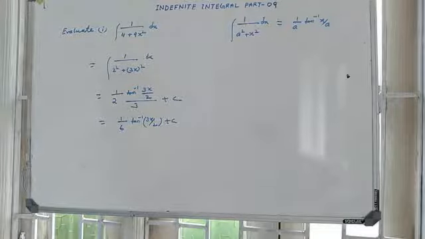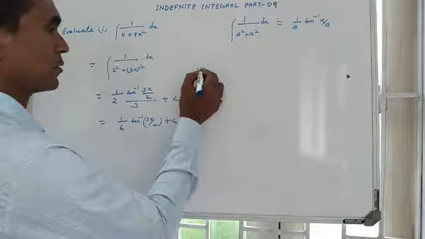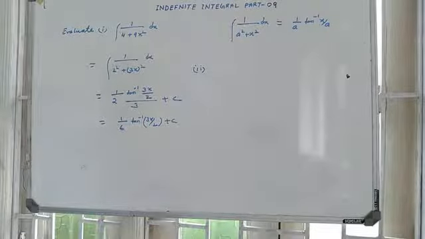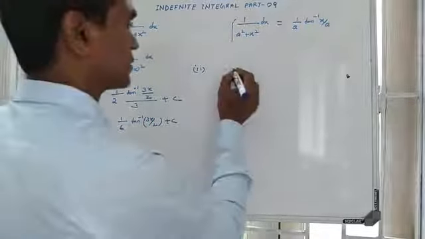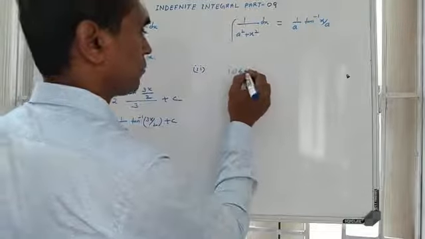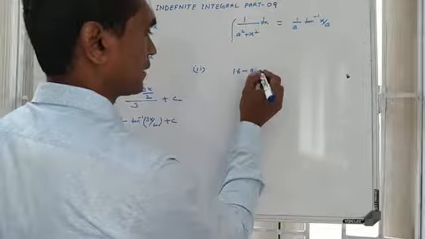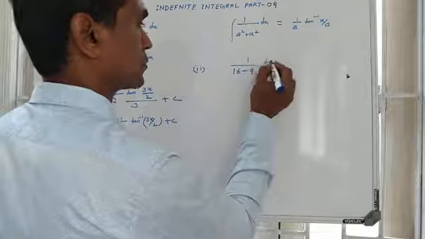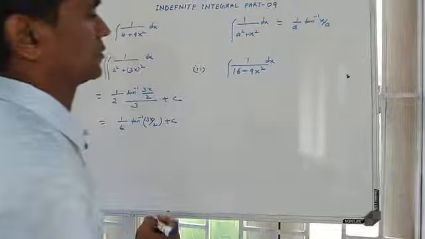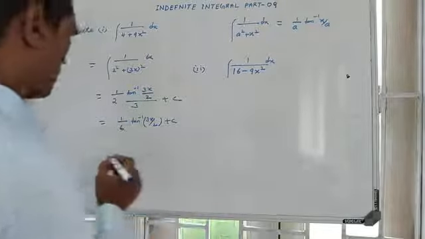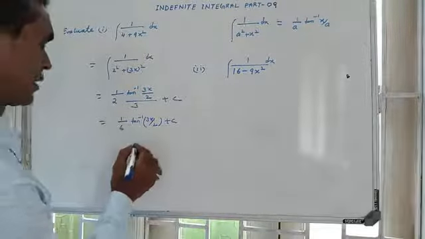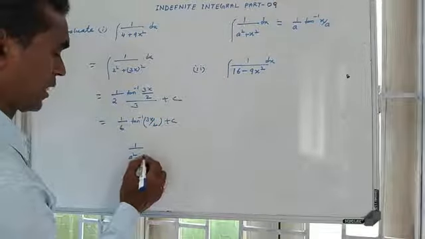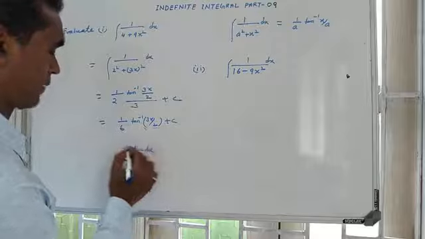Now second question of this type is 1 by 16 minus 9x square. So this is based on which formula? 1 by a square minus x square dx.